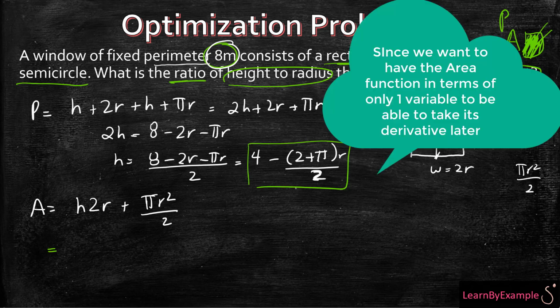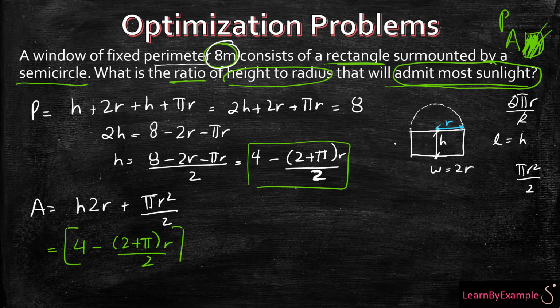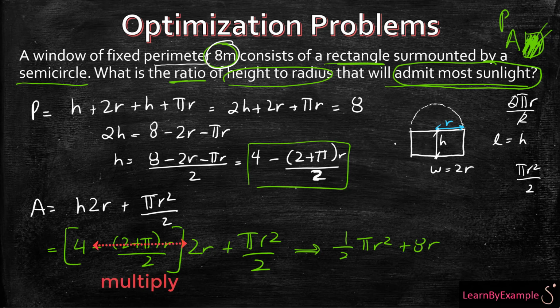So if we do 4 minus (2 plus pi over 2) into 2r, plus pi r squared over 2, eventually that's going to look something like this: half pi r squared plus 8r minus 2 plus pi r squared.